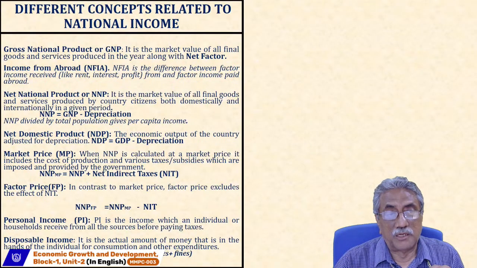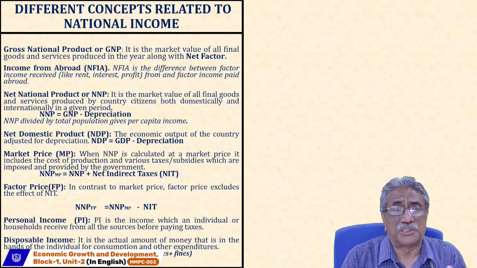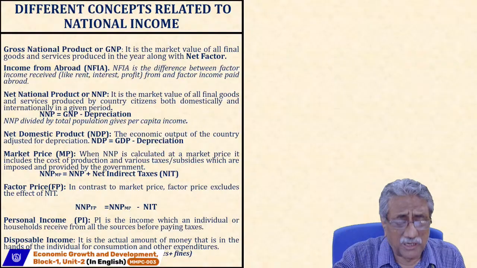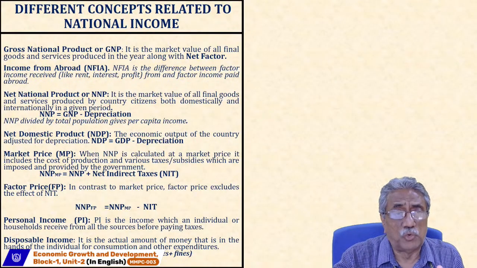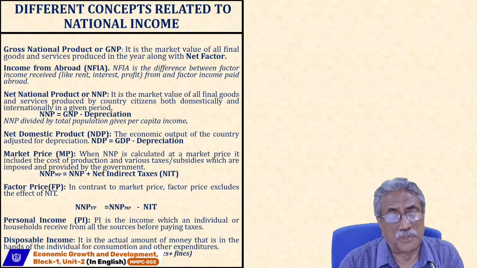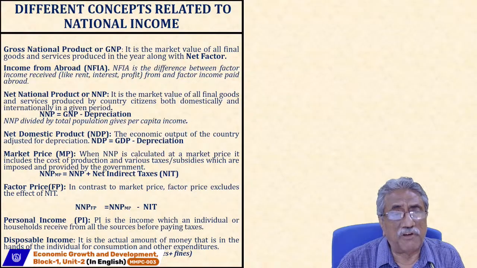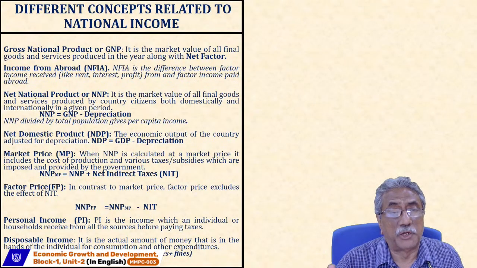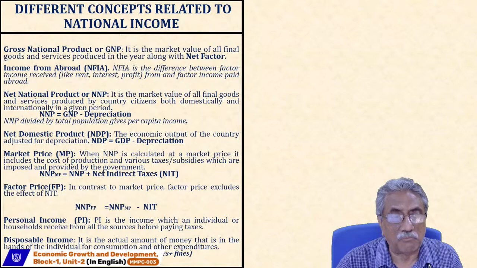If we subtract that from the gross, we get the net national product, because that machinery has lost its value to some extent. So I get the net of how much I have produced this year. Divided by the total population, I get the per capita income. So this is one from the national product end.